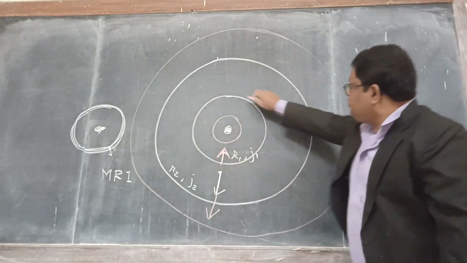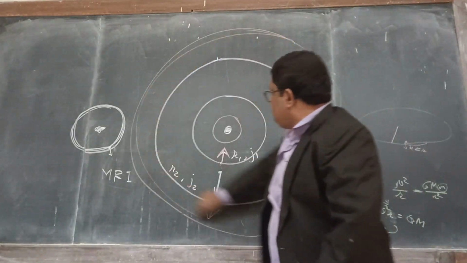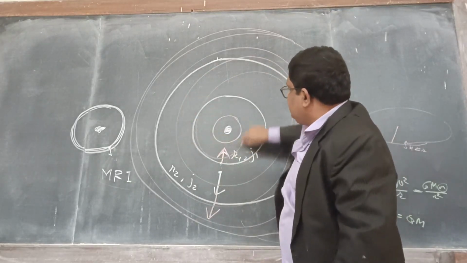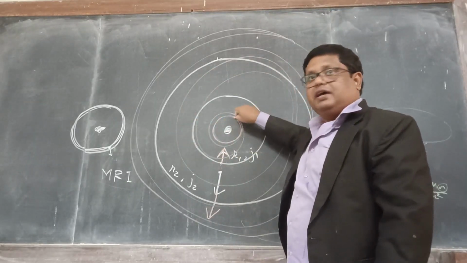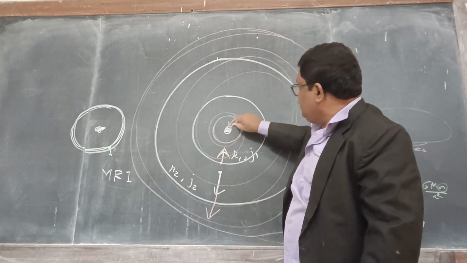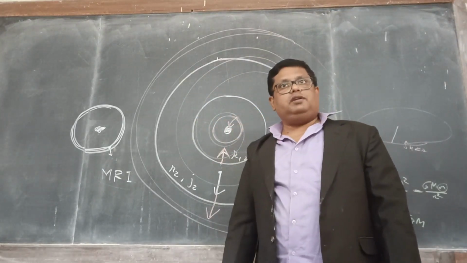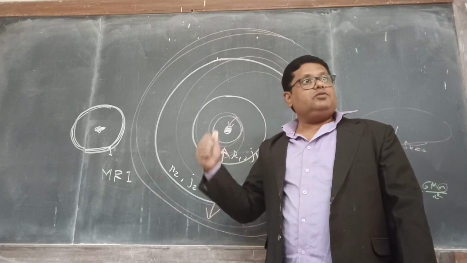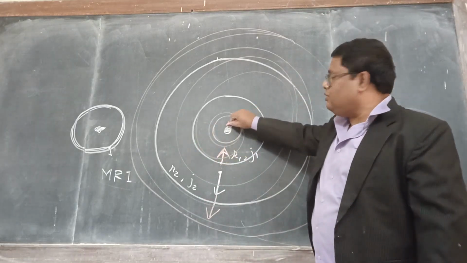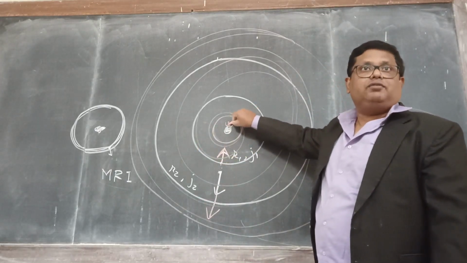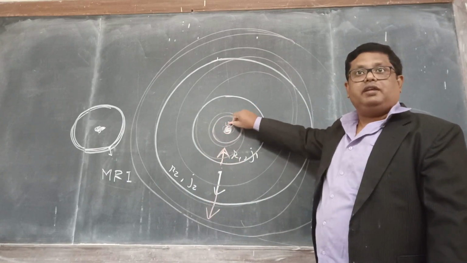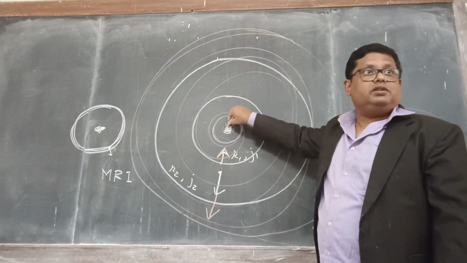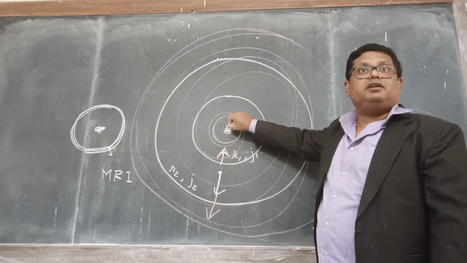After many periods there will be a spiral, and then an inner radius, and then finally the particle will fall onto the surface of the object. Remember the nova phenomenon? This is nova. When the particle falls on the surface, say of a white dwarf, the temperature will be very high. When the particle falls on it, there will be huge energy released due to gravitation.